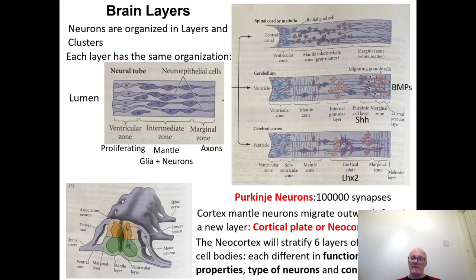So the neocortex will stratify up to 6 layers of neuron cell bodies, and all these different layers have different functions, different properties, different kinds of neurons, and they form different connections. So it is an extremely complex structure which controls a very important part of human and animal behavior.